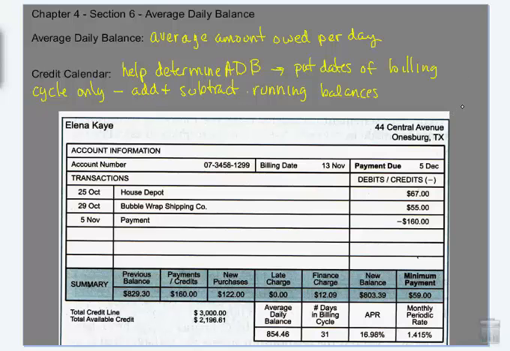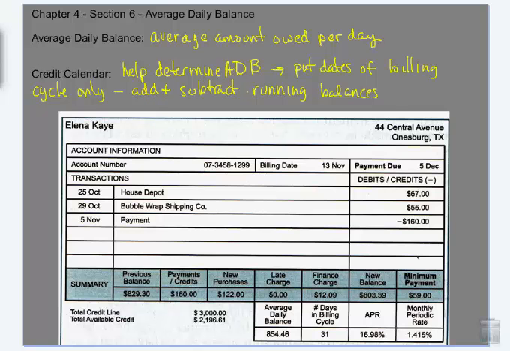But it's not a regular calendar in that it's not January 1st through January 31st. It's a blank calendar that you put the dates of your billing cycle on. And then you use it to determine how many days at each balance.